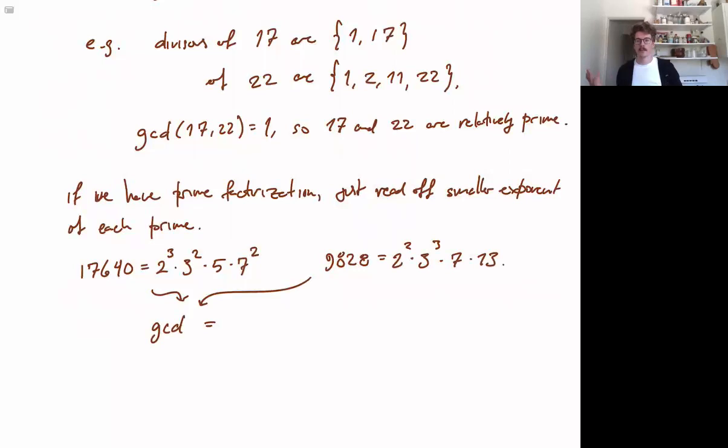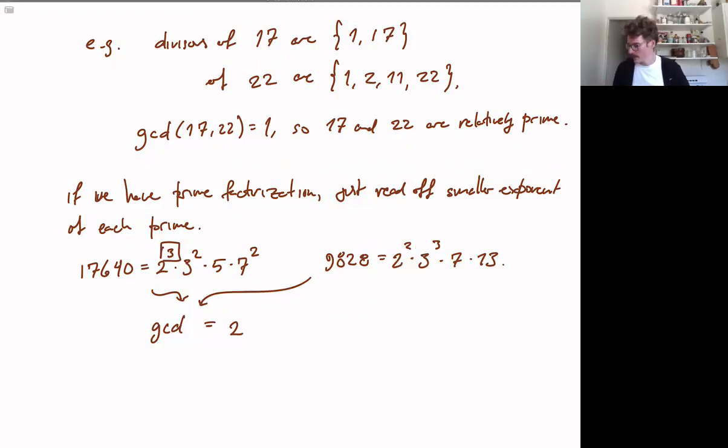So what is the greatest common divisor of these two numbers? Well, for each prime, let's just look at the two exponents and take the smaller one. This is going to give us the greatest common divisor because we're essentially taking the greatest power of each prime that divides both of them.